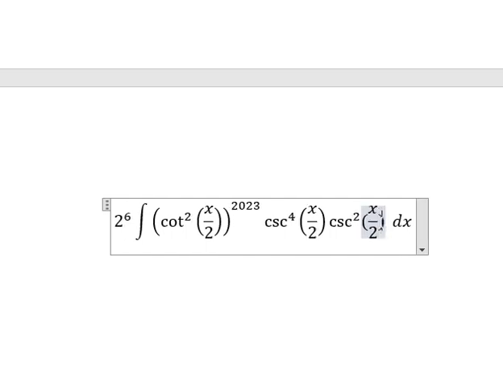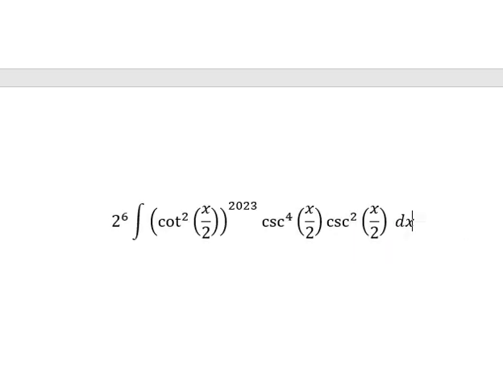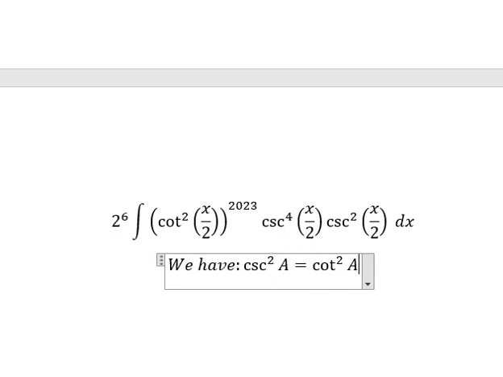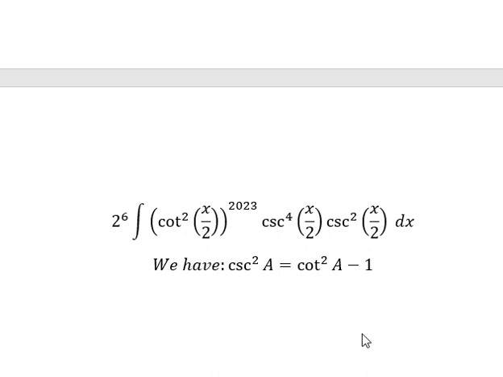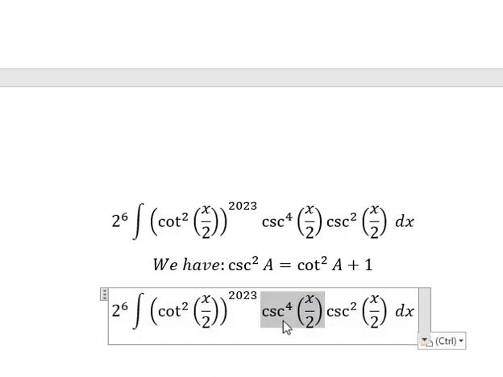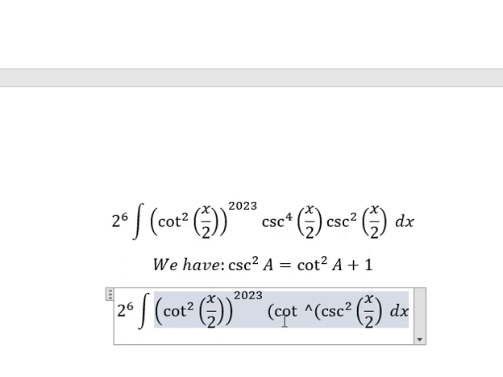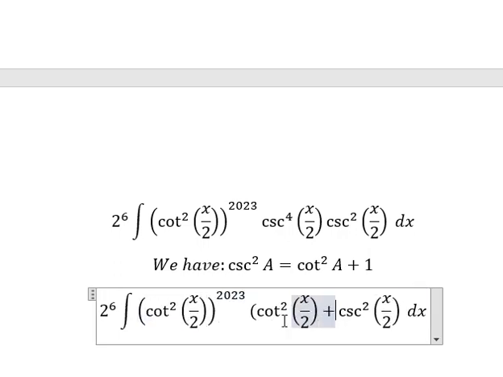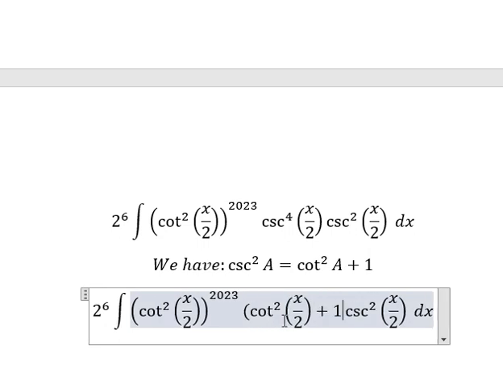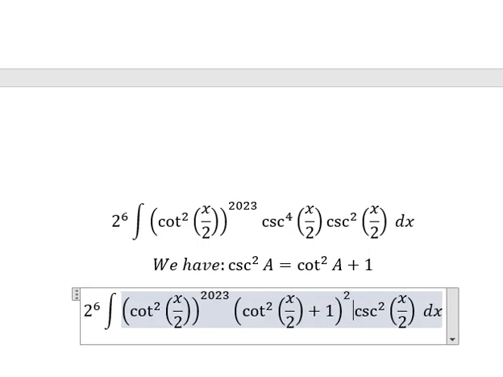Next, we have the formula in here. So in this one, that is about cotangent of x over 2 squared plus 1, everything to the power of 2.